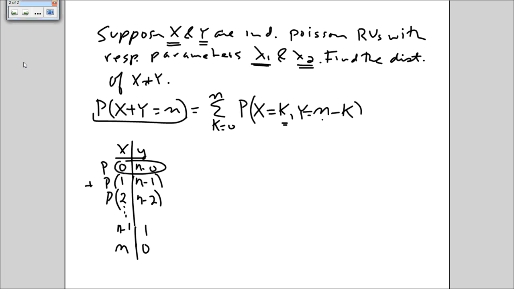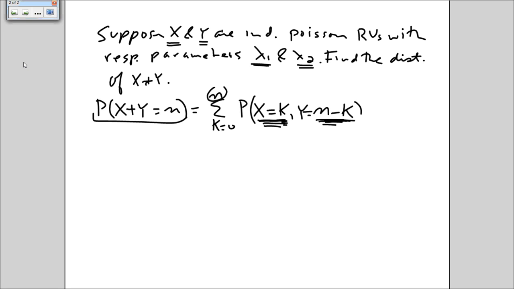The sum is still n. So first, k is 0 and y is n. That's that one. Then k is 1. That is, x is 1 and y is n minus 1. That's that one. And eventually, k will be n. n minus n is 0. So x will be n and y will be 0. The very last one. So this is working like a charm.